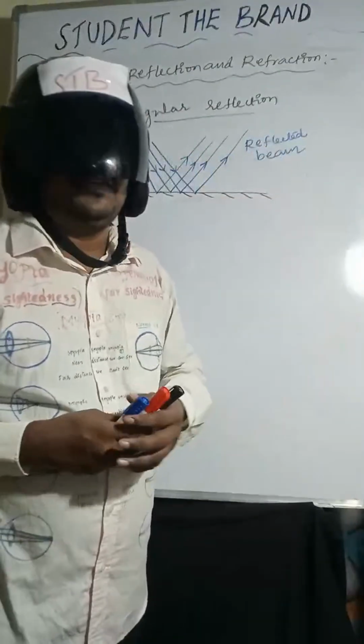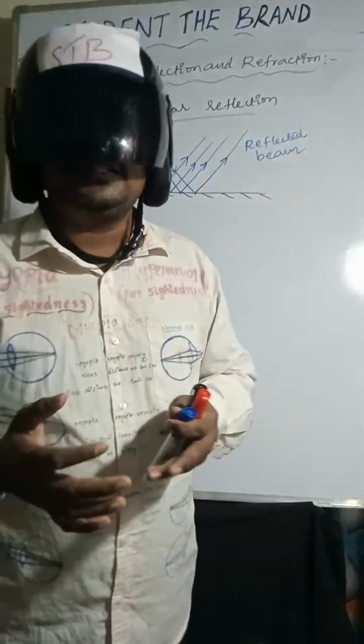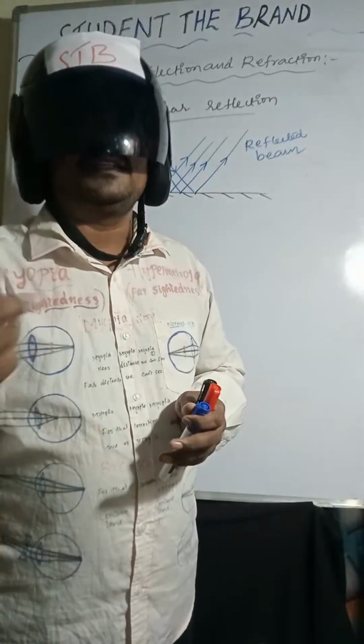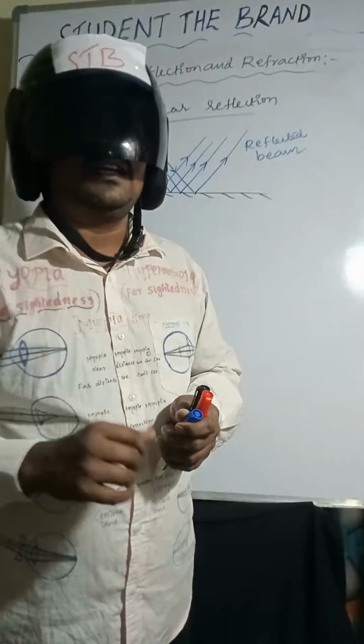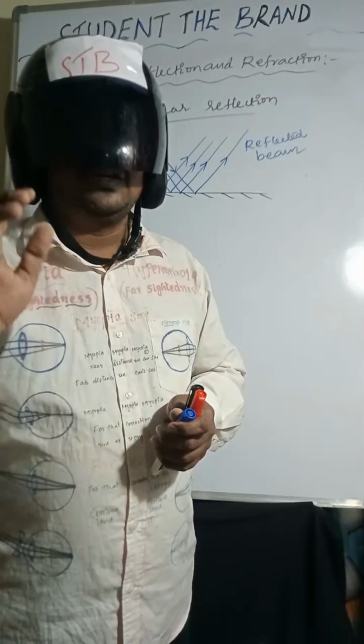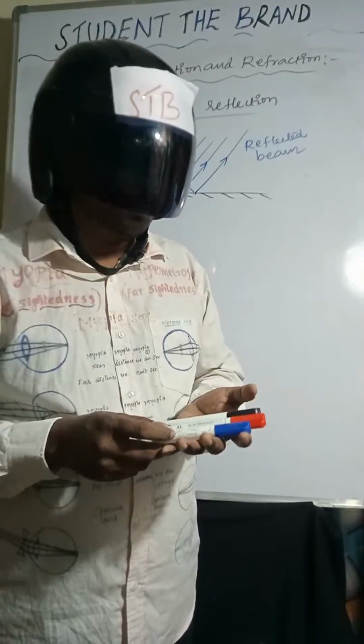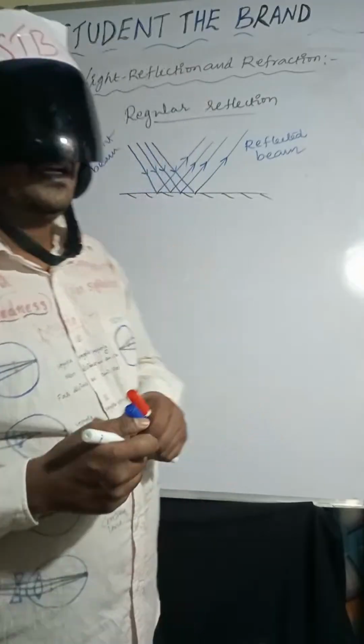Coming to irregular reflection. In irregular reflection, the incident beam is parallel, but reflected light rays are not parallel to each other. So this type of reflection is called irregular reflection.